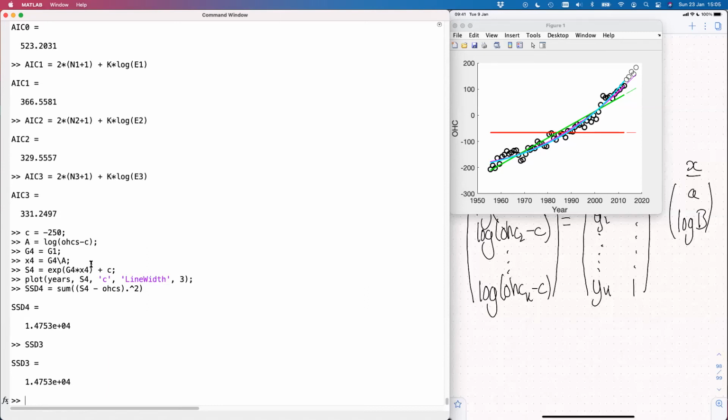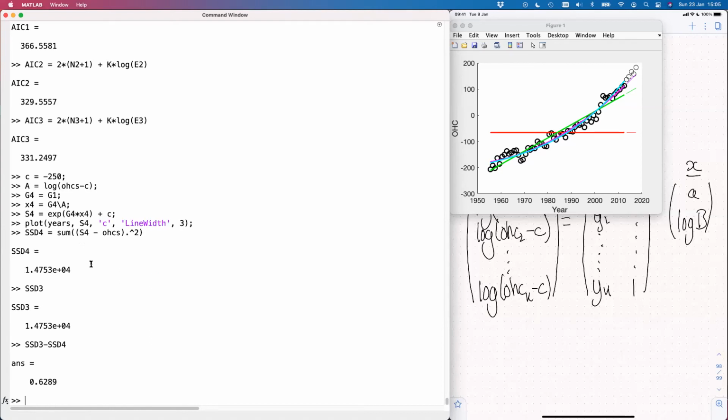In fact, it's almost identical, but not quite. If I subtract one from the other, SSD3 minus SSD4, it's not zero, but they're very similar. So the sum of square differences of this new model is very slightly lower than for the cubic model, but not by very much.